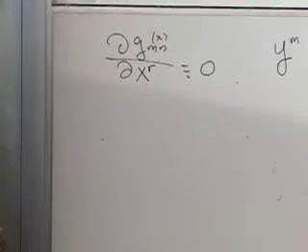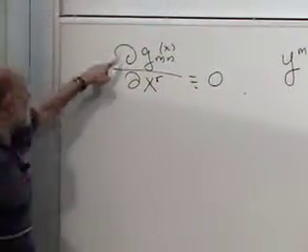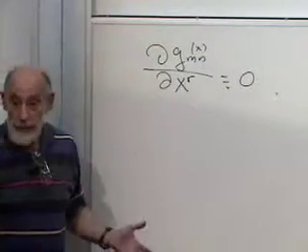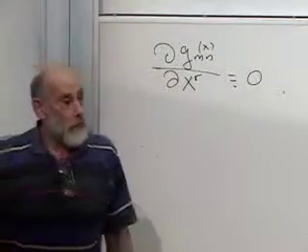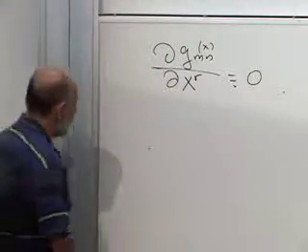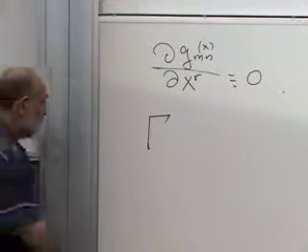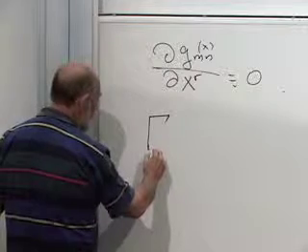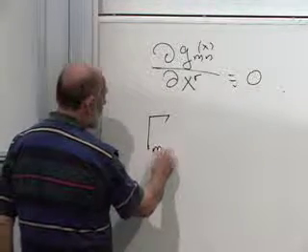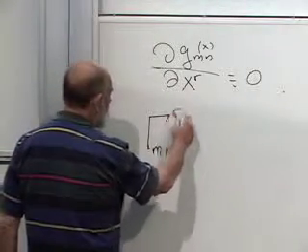All right, there are various things we can say. First of all, the derivative of g_mn with respect to x is equal to 0 at that point. But we can say a little bit more. We can also say that the Christoffel symbols at that point are equal to 0. Why? Because the Christoffel symbols, what are those?